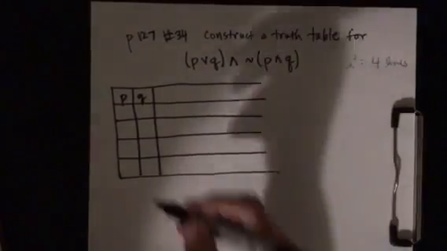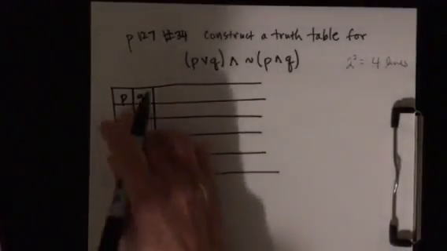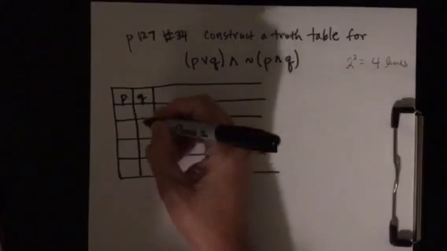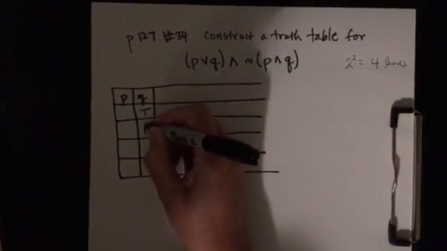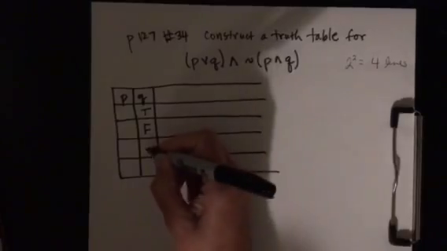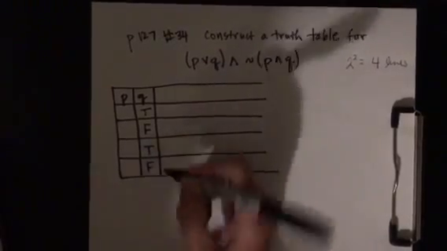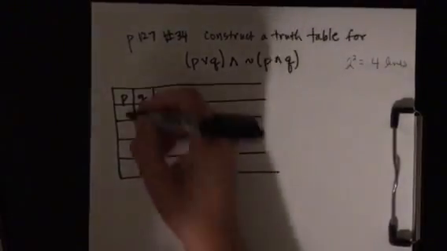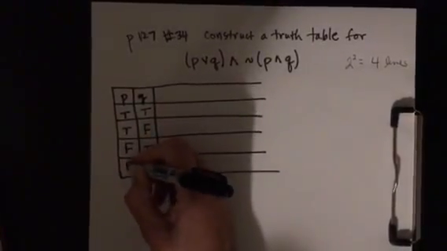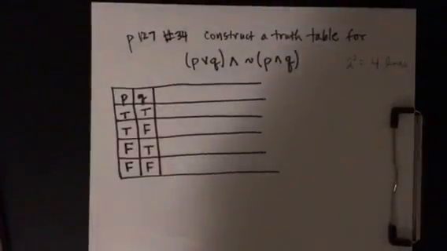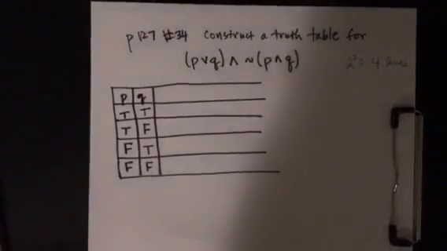My truth values to start off with, I want all possible combinations of T's and F's. From what I've said in class, if you take Q and alternate it, TF, TF, and then take P and have 2 T's, 2 F's, that is all possible combinations of truth values.